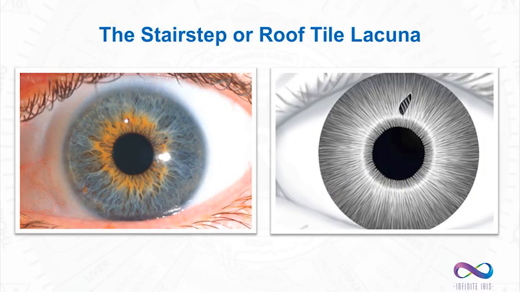The stair step or roof tile lacuna looks like a little stair step. We see it here, and this stair step lacuna looks just like we could step up the steps, and those stair step lacuna show little blockages in that area. There are little crypts there. It indicates a serious condition in the area, a tendency, in some cases, historical iridologists would say, for a serious condition.